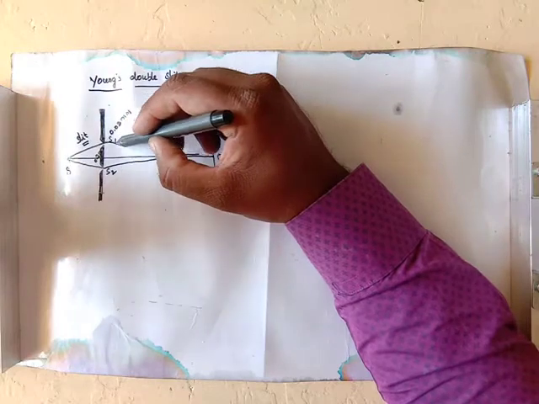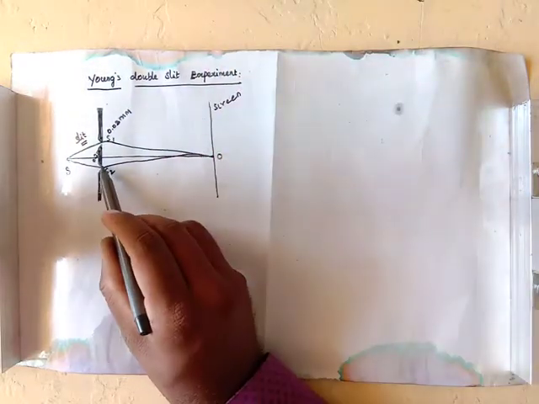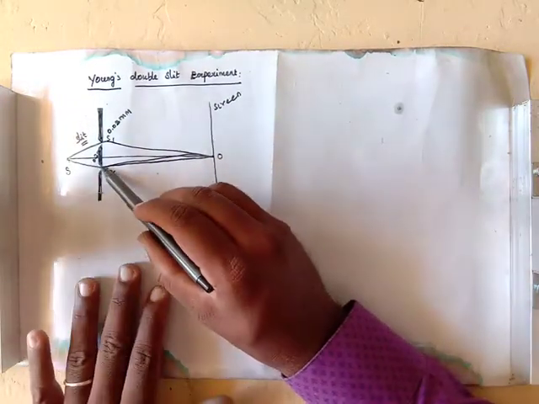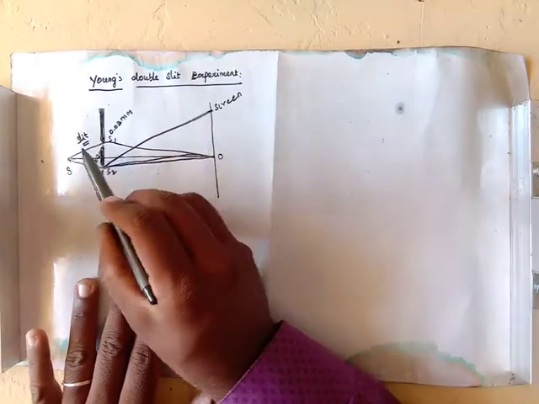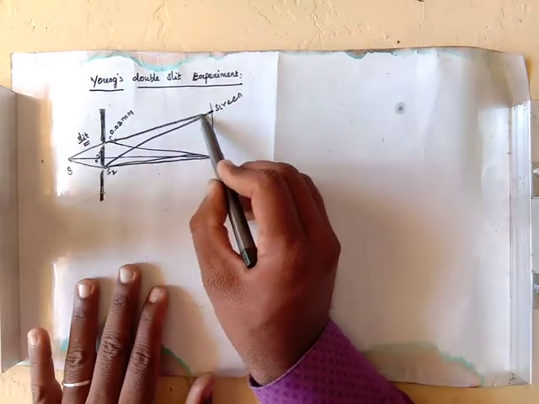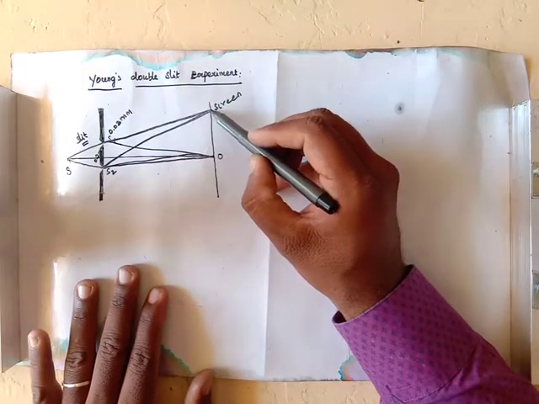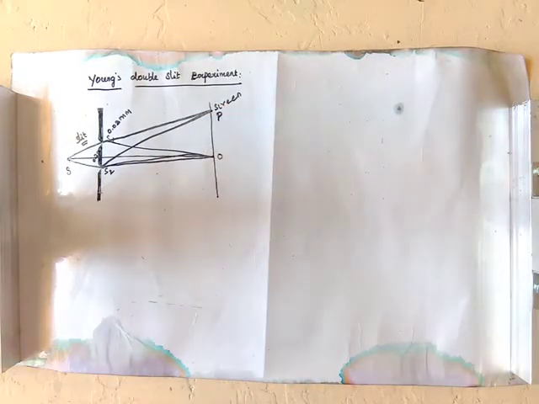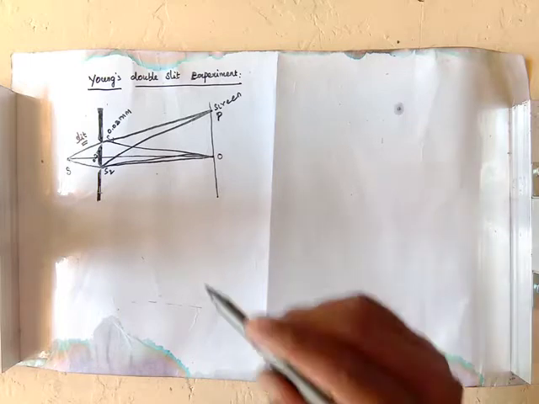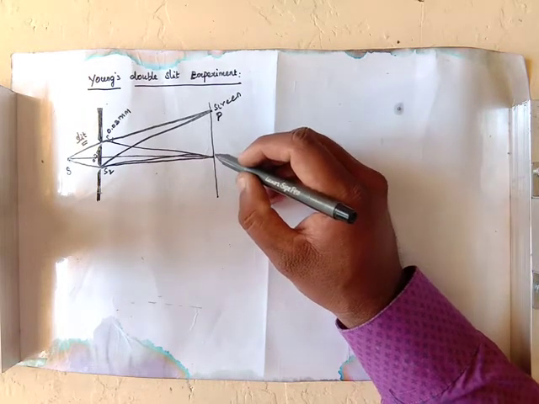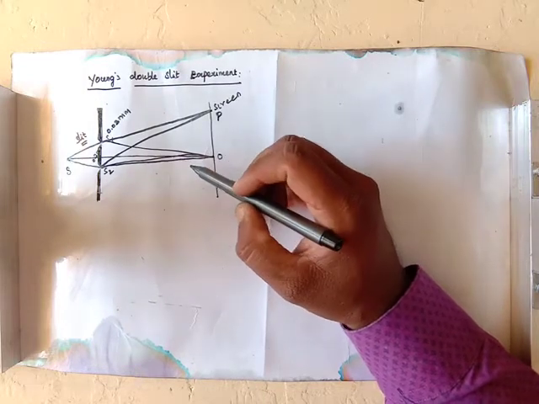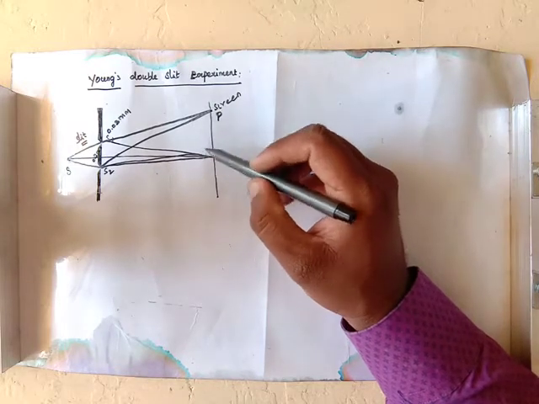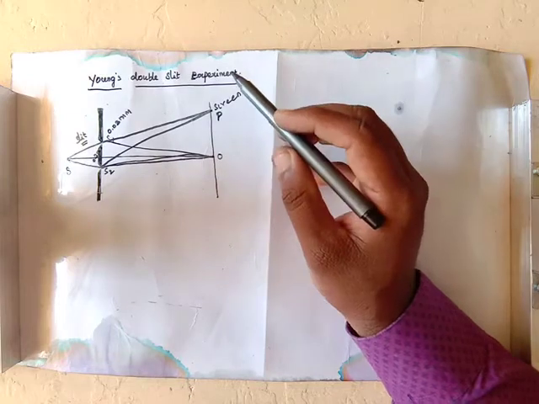The light overlaps and produces interference fringes from the center to this point P. Friends, we take the center of the screen as O. The wavefronts from S1 and S2 travel equal distances and arrive in phase, and they produce interference fringes on the screen.